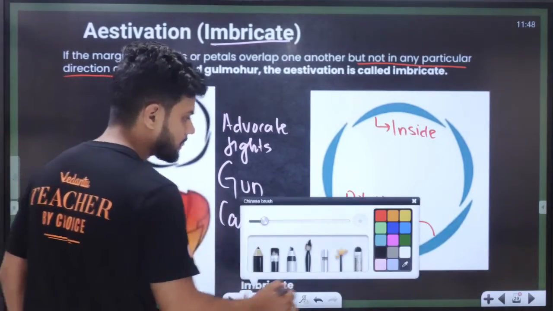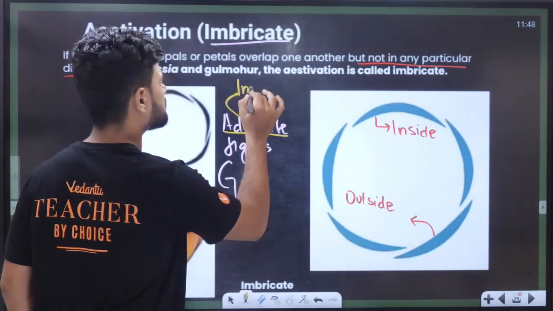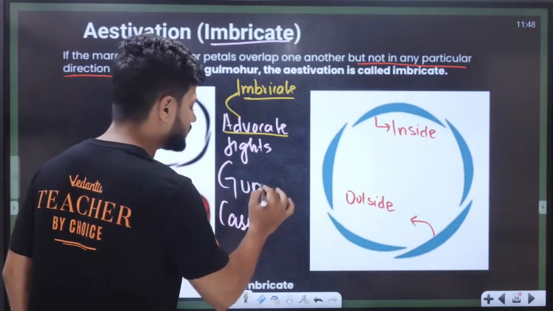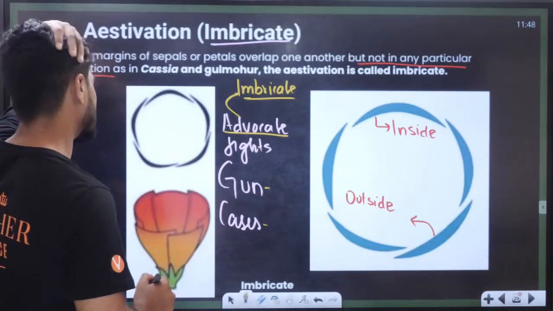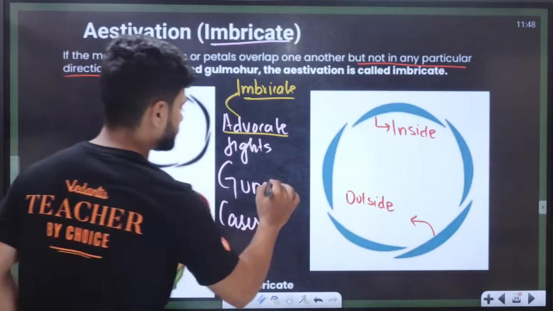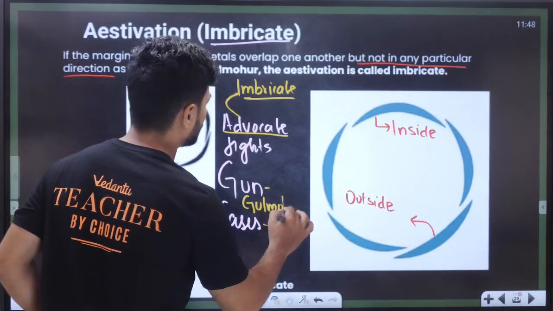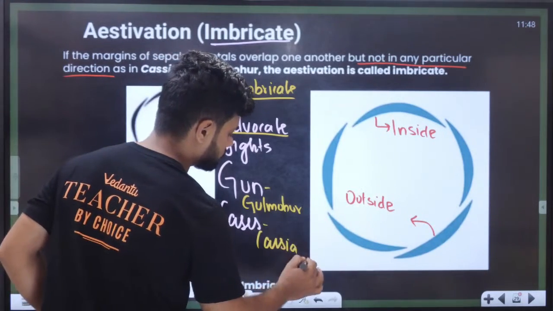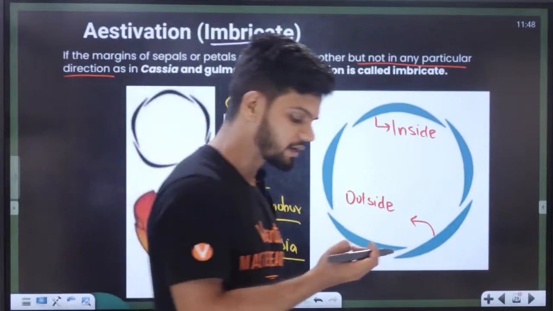So imbricate: G for GL and C for CK. Okay. GL and CK. Now, students, one question can arise from here.